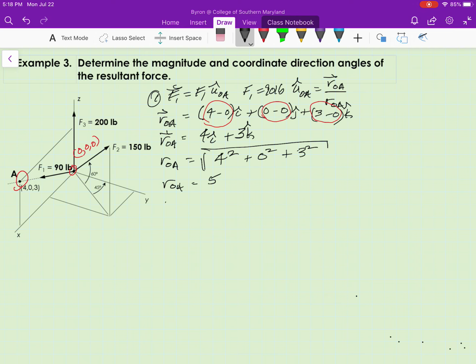So now we can write U sub OA as R sub OA, 4i plus 3k, over the magnitude of R sub OA.